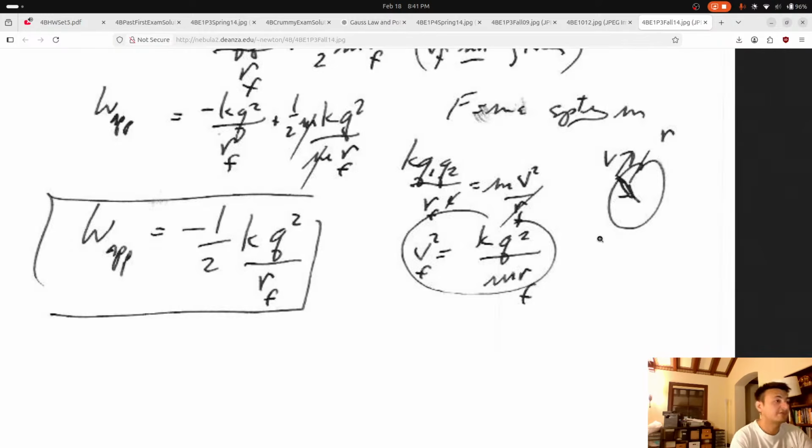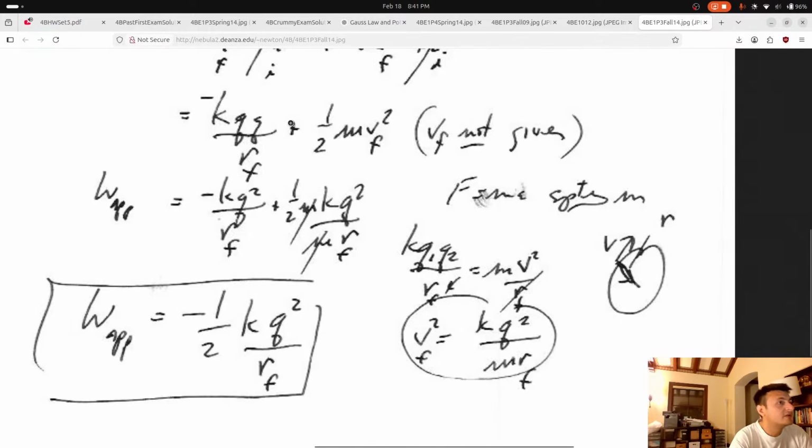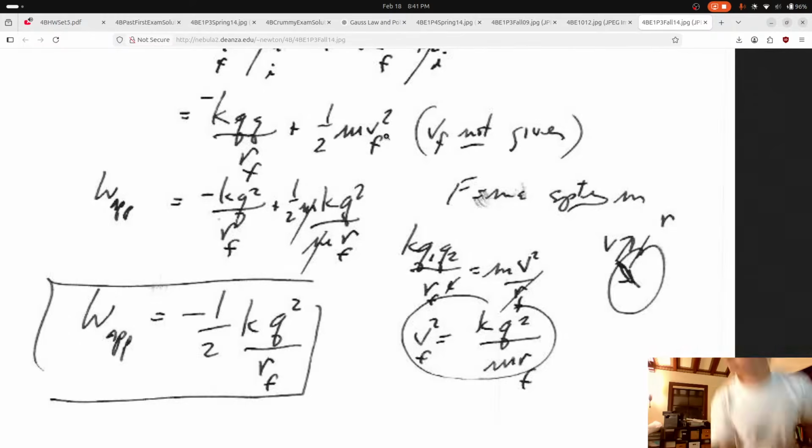So what are we trying to find, though? We're trying to find vf. Or really, we only have to find vf squared. So then vf squared is equal to kq squared over mrf. Okay. Now that we have this, I think I got it.